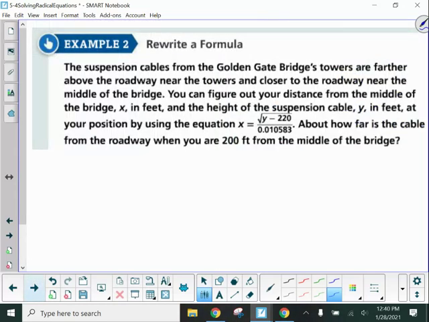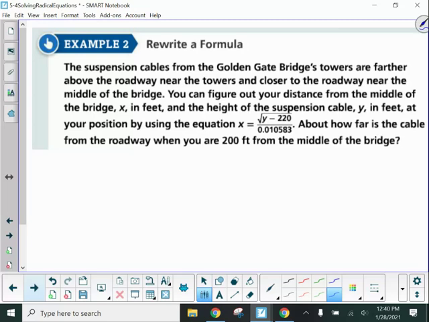This one is a word problem, and this is another type of question you're going to be asked in this section. It's not just solving an equation; in future questions, you will be asked to rewrite so that you have a different variable solved for instead of the variable that's given.